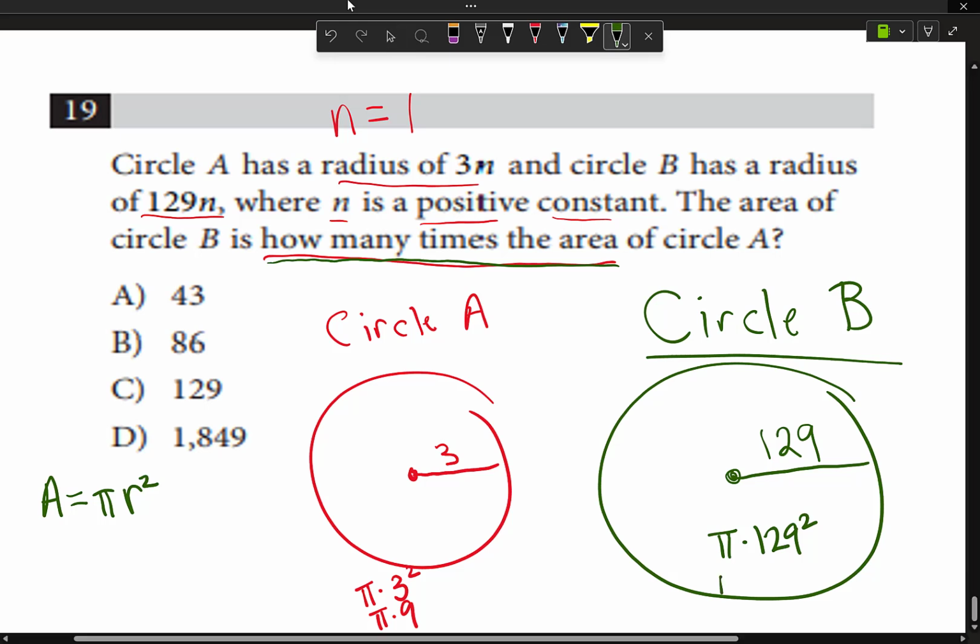That is pi times 16641. And really we can drop the pi's and just compare the constants, the 16641 and the 9. If we divide those two numbers in the calculator, you should see that you get 1849.